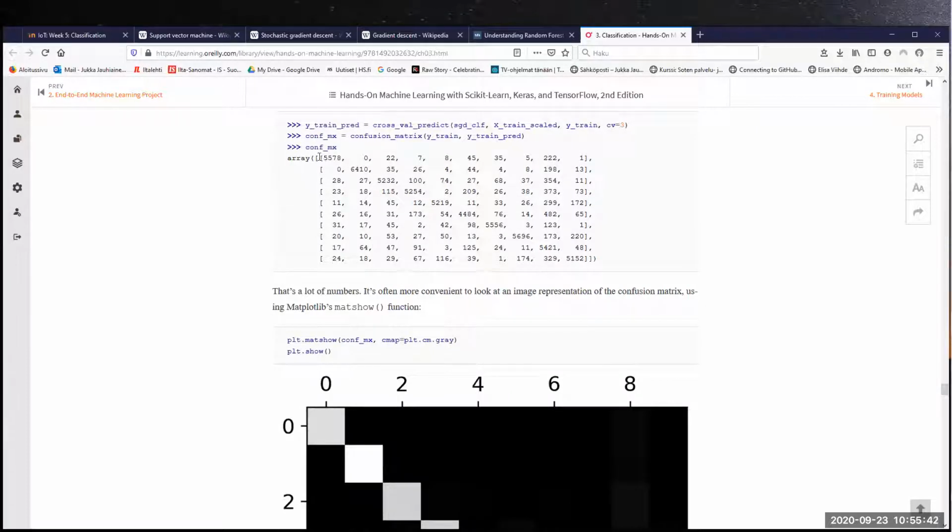For example, in this case, it has predicted or classified the number 0. So the first column here shows that it finds 5,578 zeros and so on.